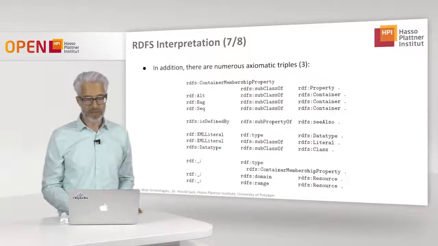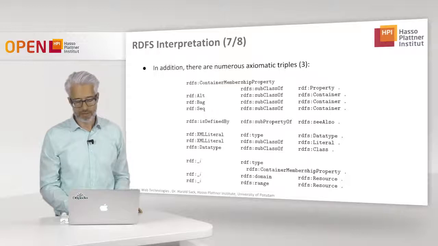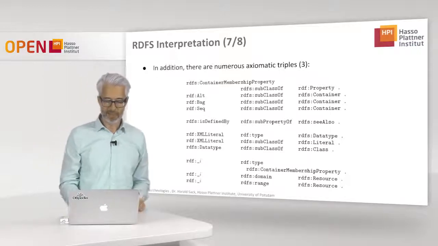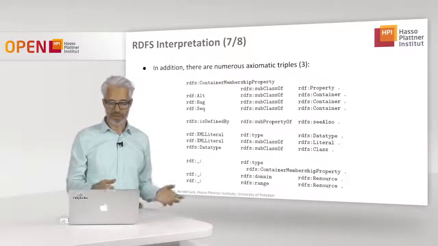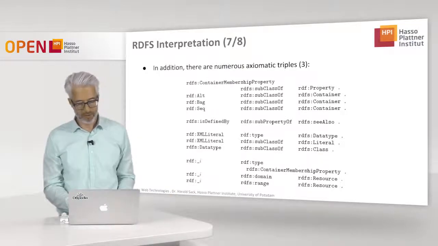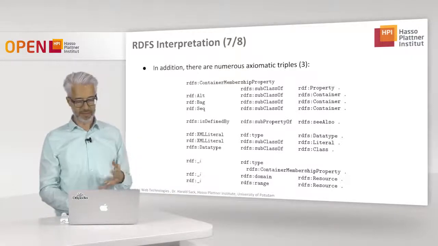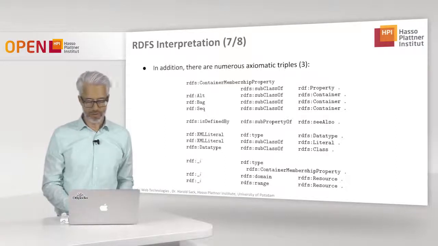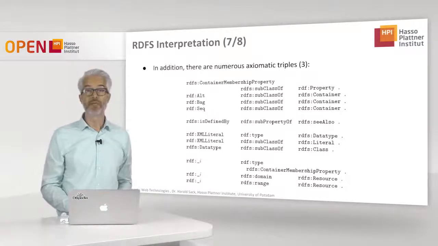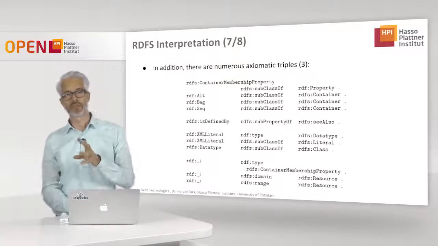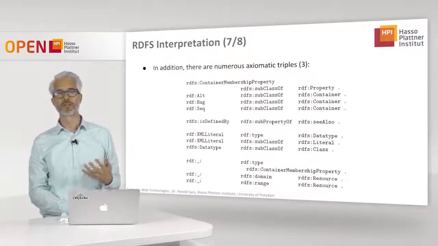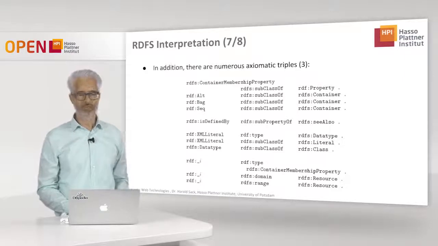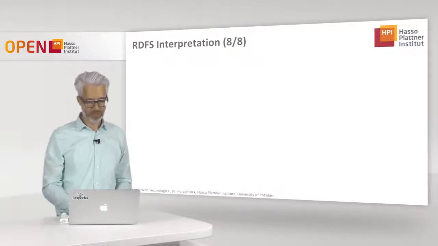And then there are additional some special vocabulary parts like the container membership properties, which is a subclass of property. And then you have these types of containers, alt, bag, and sequence. And they are also subclasses of container, and so on and so on. So there are many things or many axiomatic triples that in addition must hold to define the meaning of an RDFS interpretation.